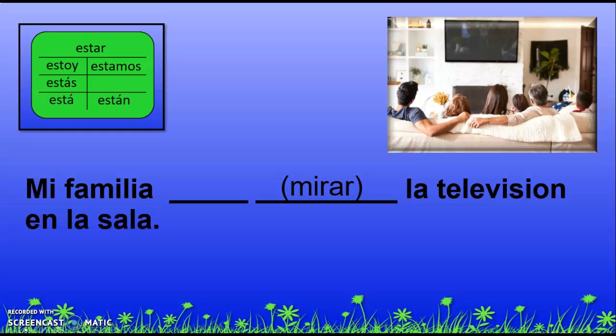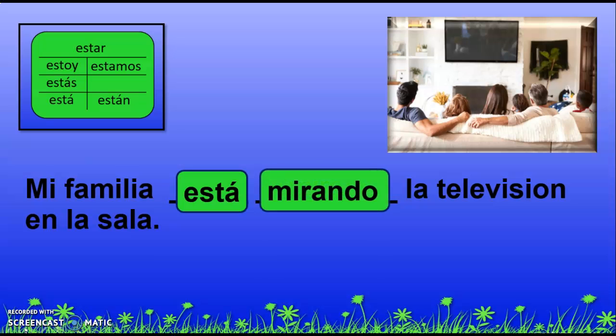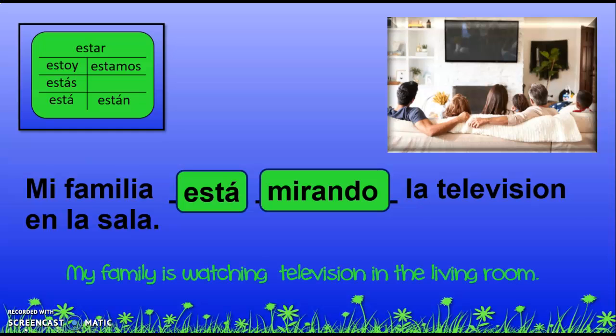So mi familia would use a singular form of the verb. So you would use está. Mi familia está. And then you want to take the verb mirar, take off the AR, and since it's an AR verb, you will add ando. Mi familia está mirando la televisión en la sala. My family is watching television in the living room.